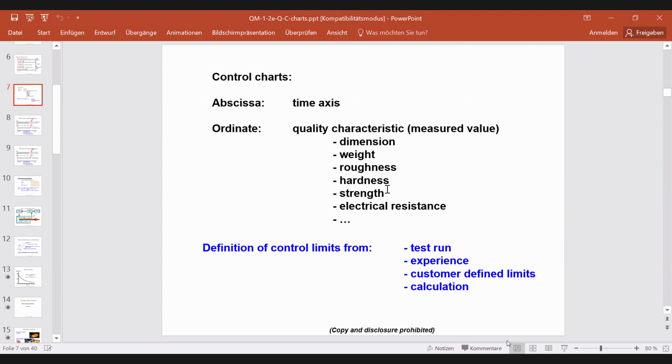It can be the hardness, the strength, electrical resistance, and all other options which are important quality characteristics for the customer. So the customer defines the quality characteristic which has to be monitored and documented in the quality control chart.